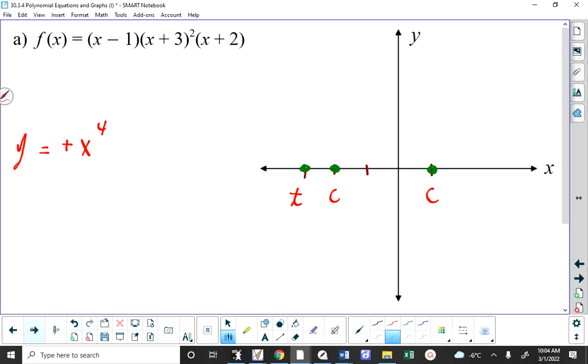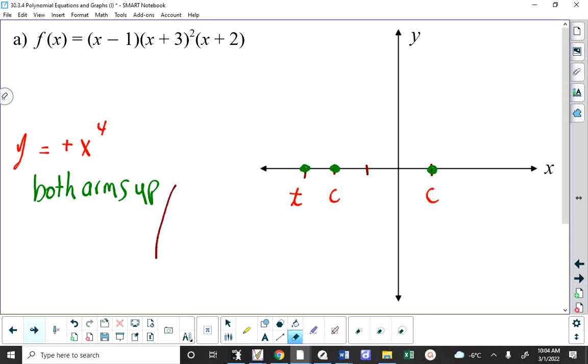You would show a little bit of work on an exam if this were a written response. This means that you're going to have both arms up. Because an even degree means both arms are in the same direction. And a positive leading coefficient means the right arm is up, so both arms have to be up.